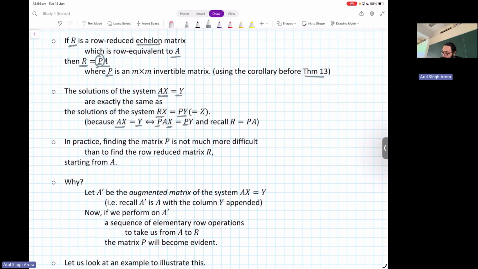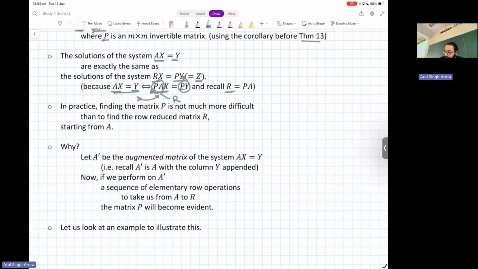So this is fine, and then recall that PA is just capital R. So starting from this, these two will have the same set of solutions. PA we are going to substitute with capital R, and Py is the same over here, which we are going to call Z. So far it should be okay. And now, in practice, finding this matrix P is not much more difficult than finding the row reduced matrix capital R.